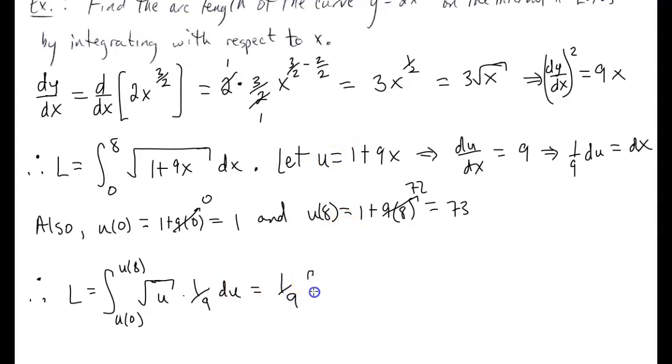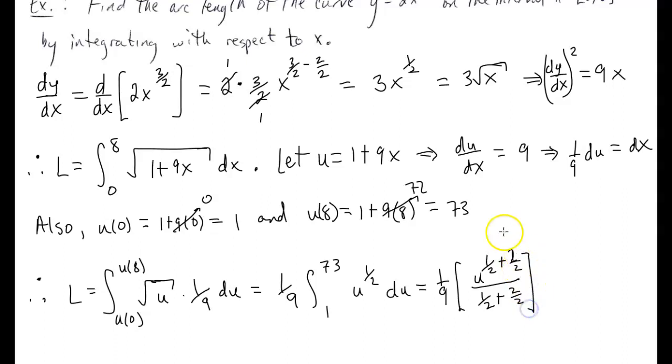This will just be 1/9 times the integral from 1 to 73 of u raised to the 1/2 du. And then we just take the antiderivative of u raised to the 1/2. If we do that, it's going to be u raised to the 1/2 plus 1, which we'll write as 2 over 2, divided by the same, evaluated from 1 to 73.